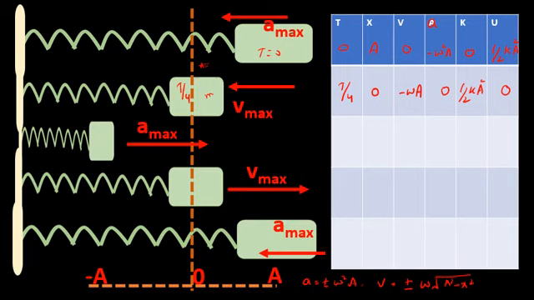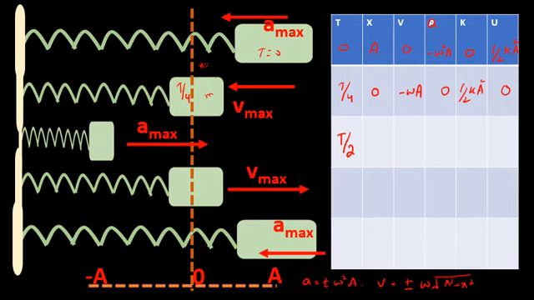Okay, so at another time, let's suppose at this position, we suppose this is time T by 2. At time T by 2, when the spring is compressed, now it is at amplitude, the negative amplitude, minus a.